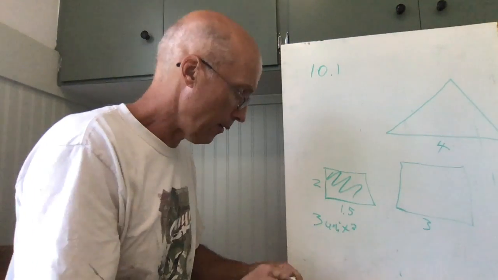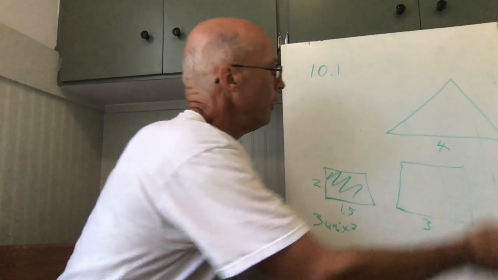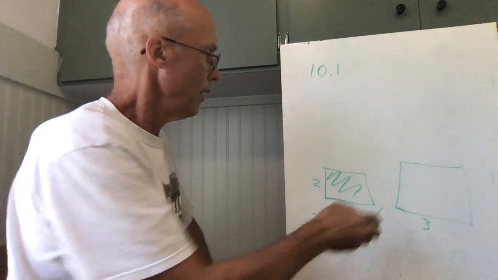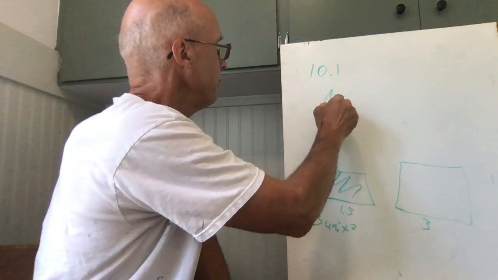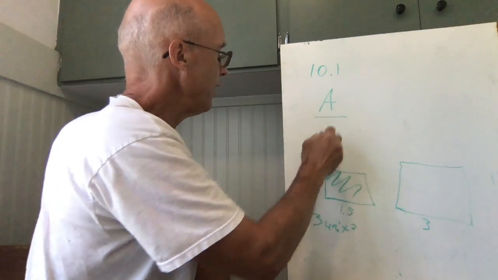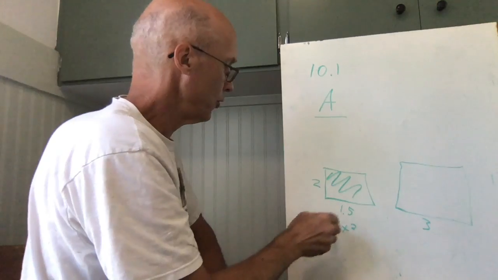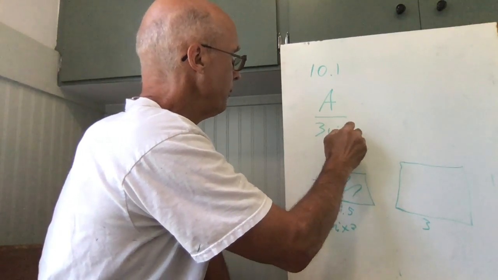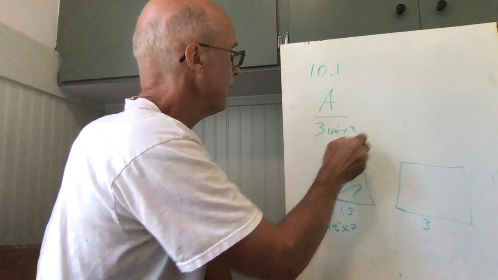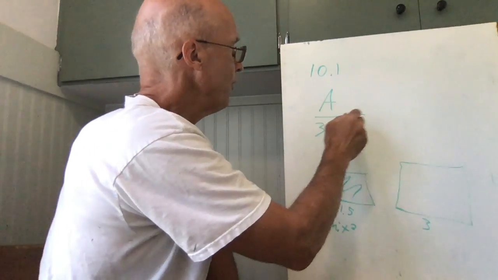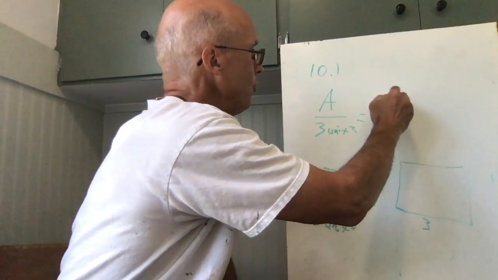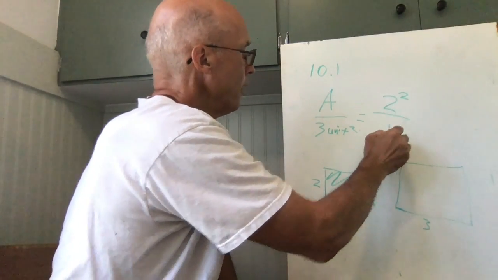We know that the area of the big guy is to the area of the small guy, which we already know is 3 units squared, right? As the scale factor squared, so that's 2 squared is to 1.